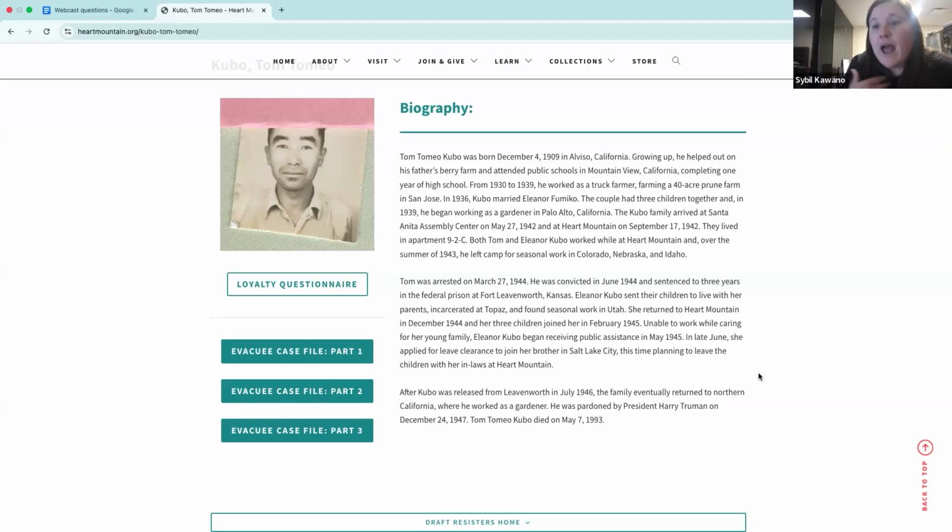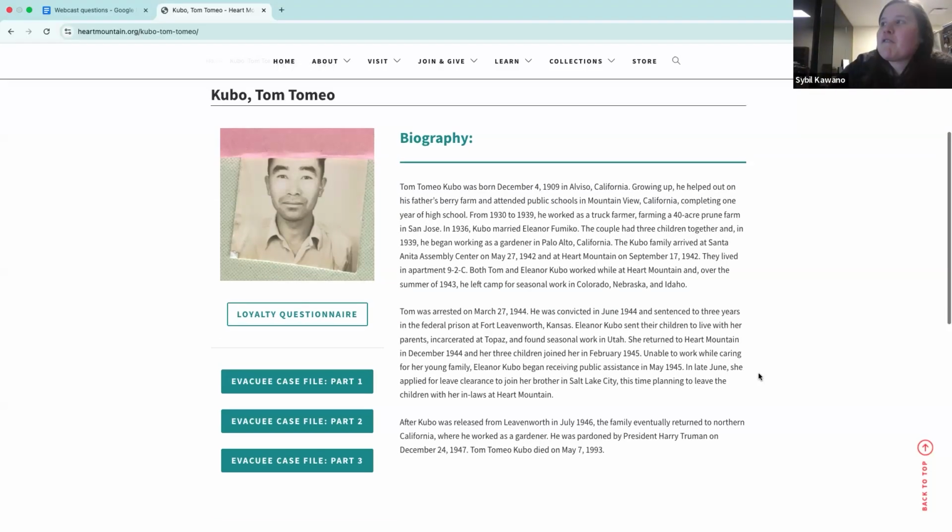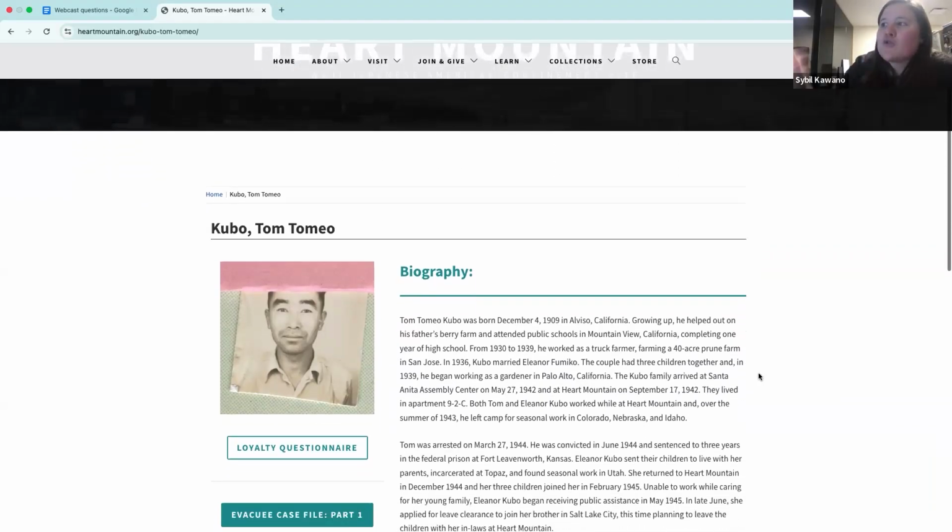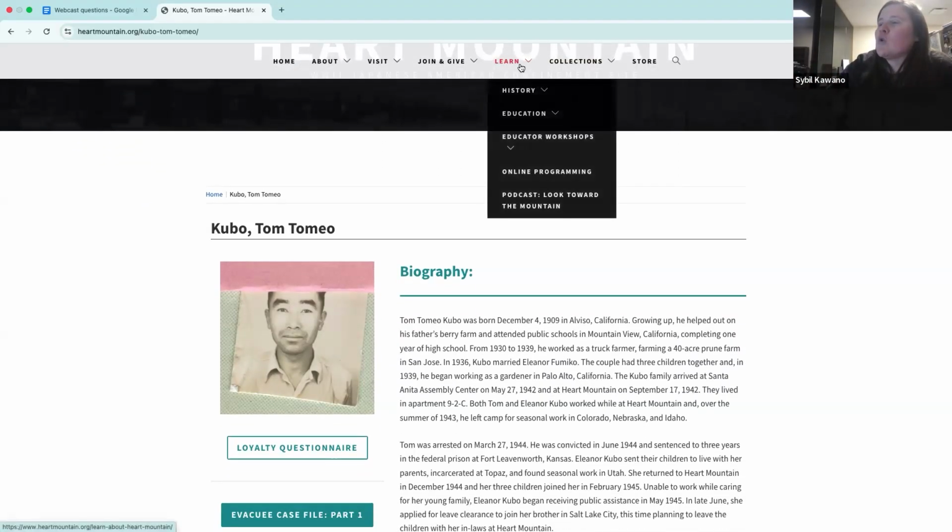How do we stand up for our own constitutional rights? They had their constitutional rights taken away, and now they're expected to be citizens and go fight. So I think the Fair Play Committee and the draft resistors are a really cool lesson and a really cool way to get your students thinking about their constitutional rights and what their duty is as citizens.